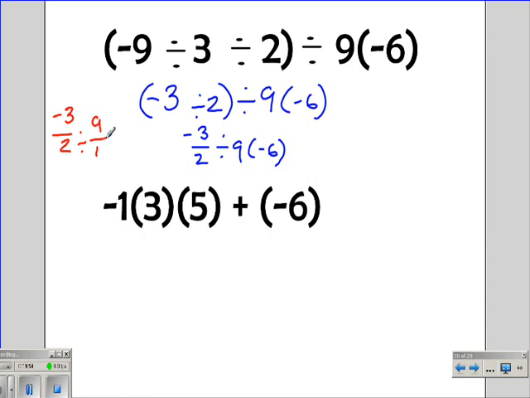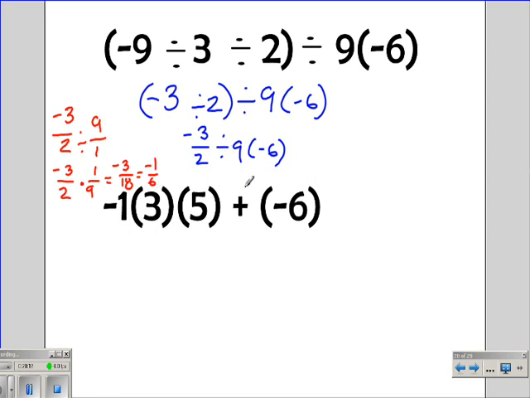Any number can be written over 1 for fraction form. You may recall that you can invert and multiply, multiplying across the top: negative 3. 2 times 9 is 18. And negative 3 over 18 can simplify to negative 1 over 6.